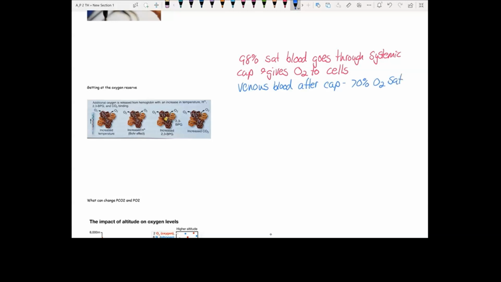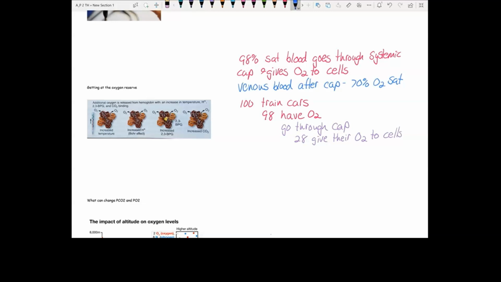So that means that you have 100 train cars, 98 of them have oxygen, you go through the capillary, and as you do, 28 give their oxygen to a cell.